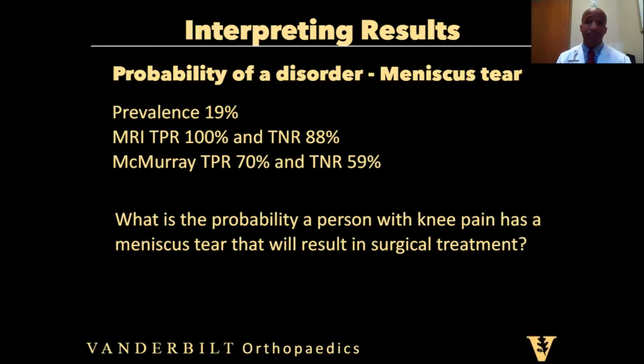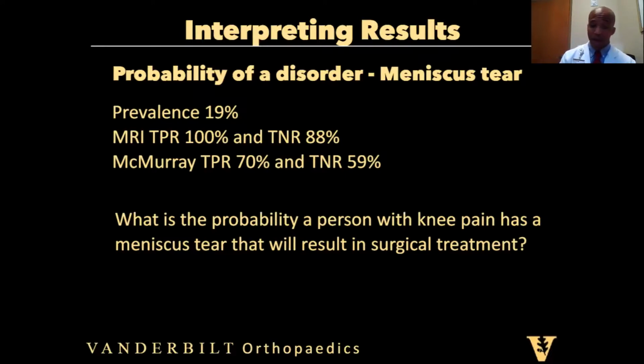The likelihood ratio that you have a meniscus tear is based on the ratio of the true positive rate to the false positive rate of a certain test. And the false positive rate is 1 minus the true negative rate.